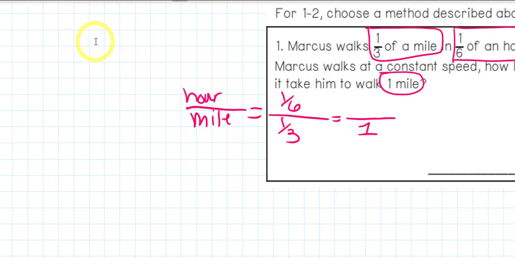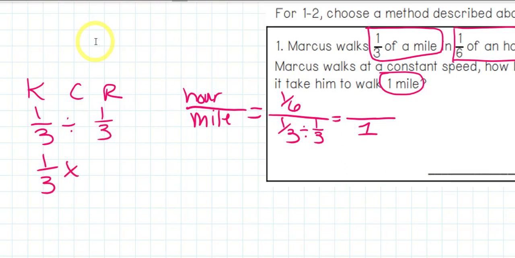When we are doing these, we divide by the denominator. However, dividing fractions, remember we always do keep, change, reciprocal. So if I'm doing 1/3 divided by 1/3, this will turn into 1/3 multiplied by 3/1. And that is going to equal 1. The 3's cancel out, and that will equal 1.